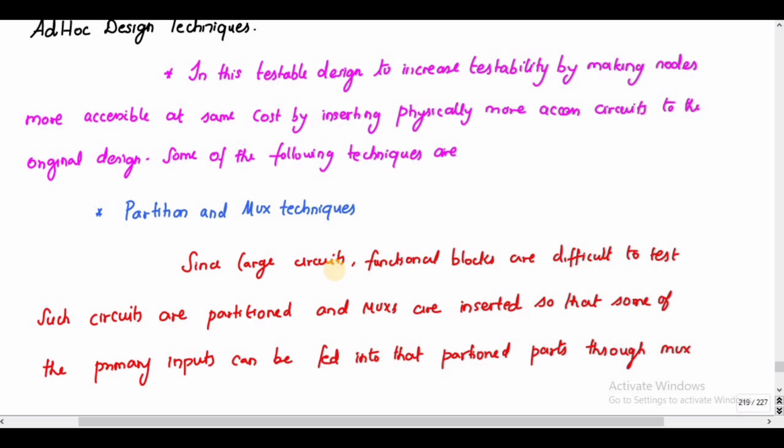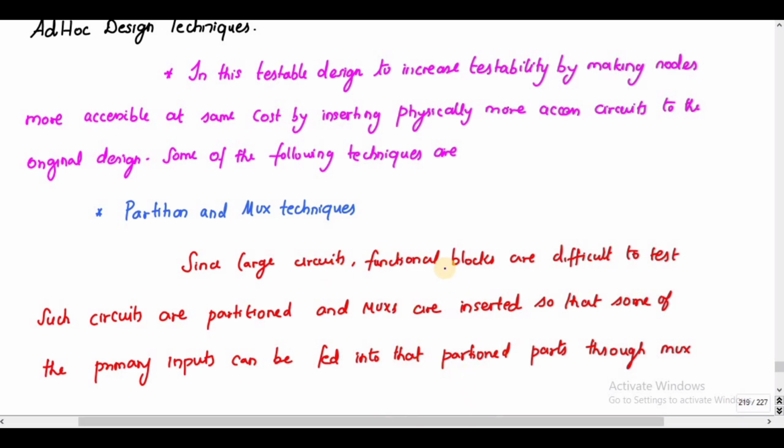Since large circuits and functional blocks are difficult to test, such circuits are partitioned, and a mux is inserted so that some of the primary inputs can be fed into the partitioned parts with the help of the mux.